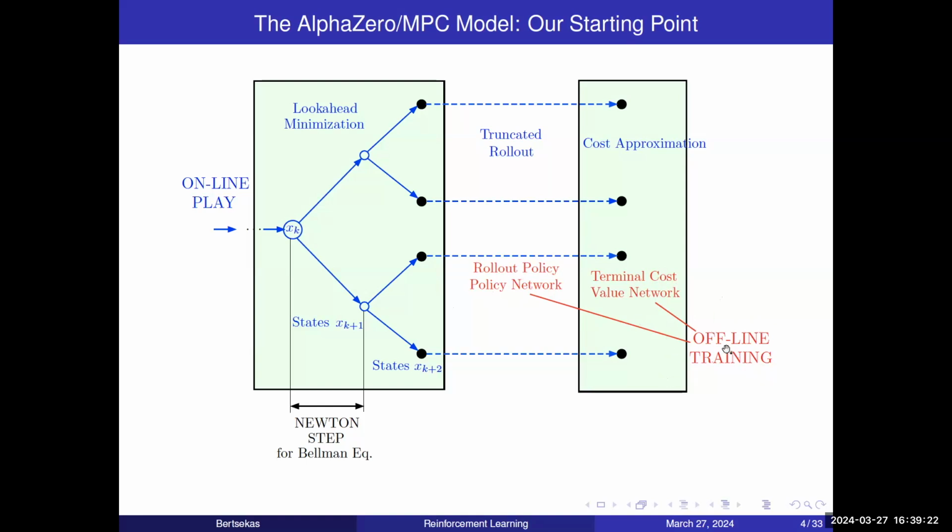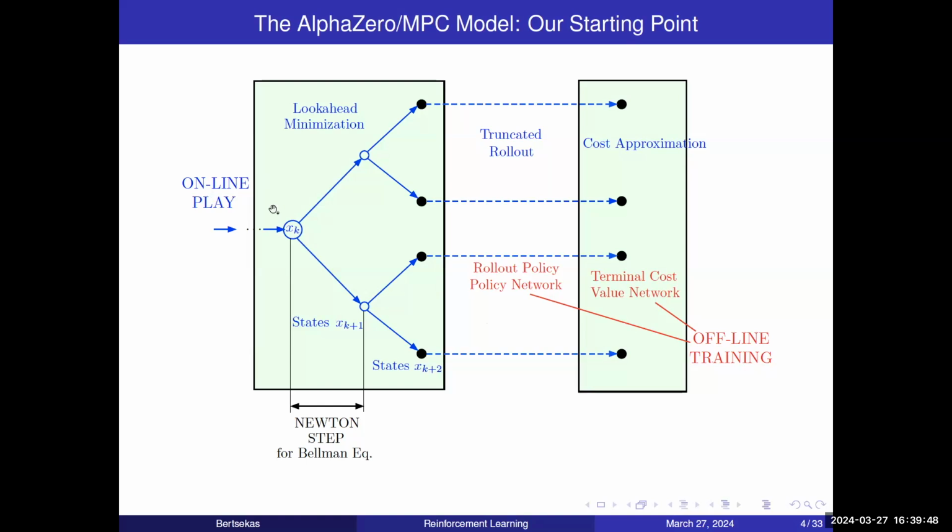So when training, we try to cover as many states as possible. We would like to have a terminal cost or a policy that approximates well in a lot of states, at least the states that we anticipate we're going to visit in our real-time operation.